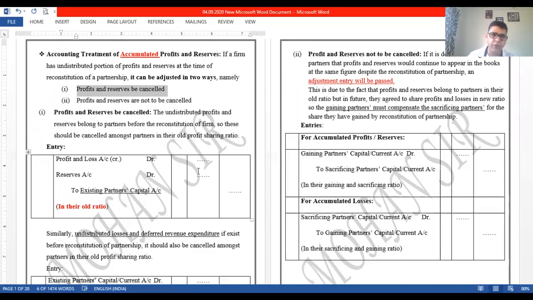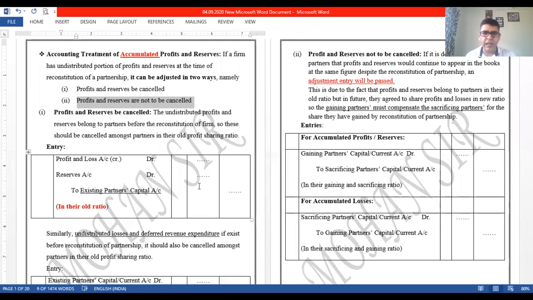The second way of adjusting it is that profits and reserves are not to be cancelled. Partners may decide that let us not close these accounts. Reconstitution is taking place, that's fine, but we may be in need of the reserves in future, so let us continue with the reserves. Now, if reserves are to be continued, but there is a reconstitution, a change in ratio has taken place, right?